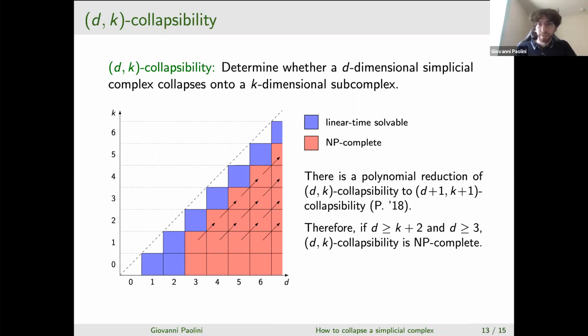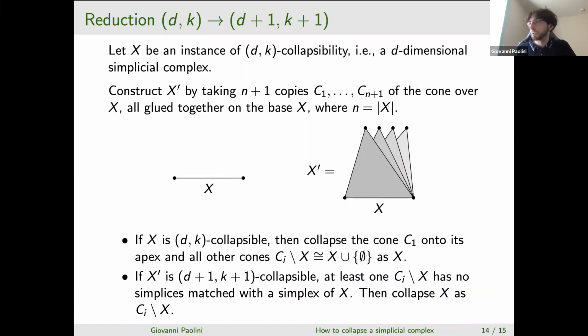So my very last slide is about how this polynomial reduction works, because it is actually simple to explain in a few words. Suppose you have a d-dimensional simplicial complex X. Then you can construct a d+1 dimensional simplicial complex X prime like this.